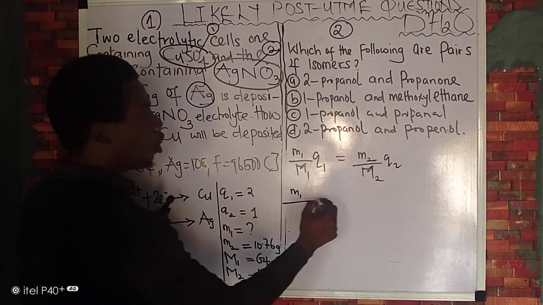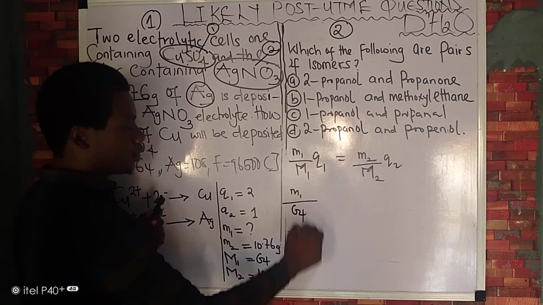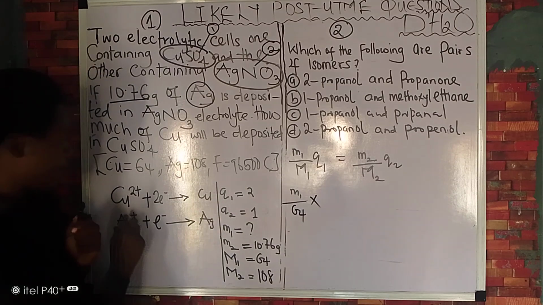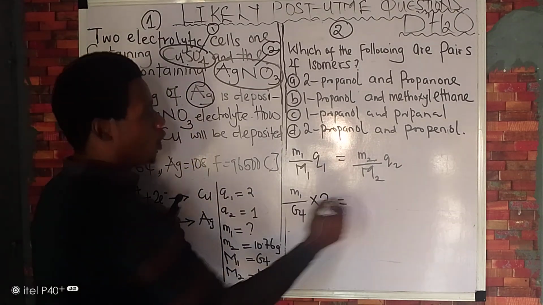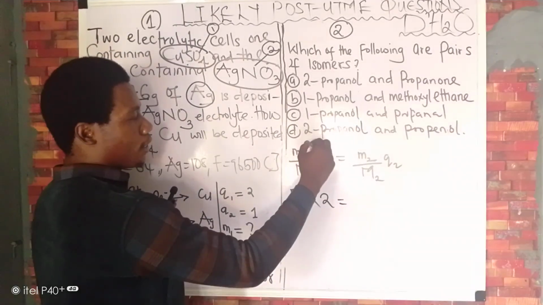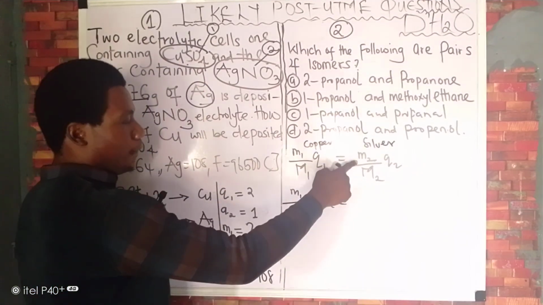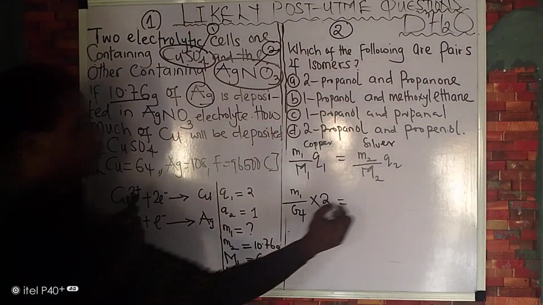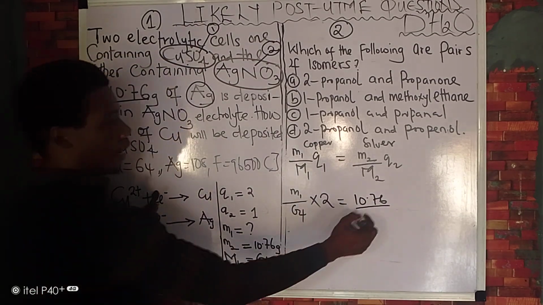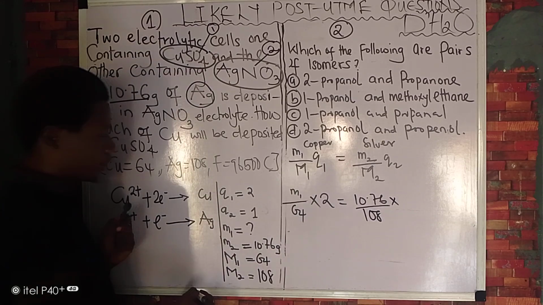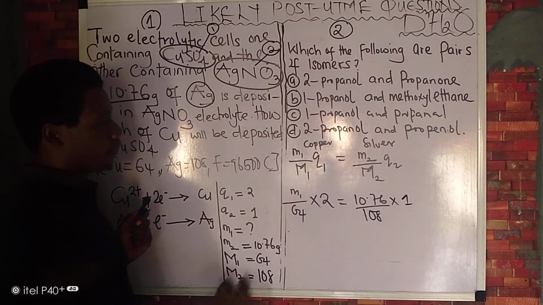The molar mass of copper, the first one, is 64. The charge of copper, Q1, is 2. This is equal to M2, the mass of silver, which is 10.76, over the molar mass of silver, 108, times the oxidation state of silver, number 2, which is 1. So let's do this carefully.